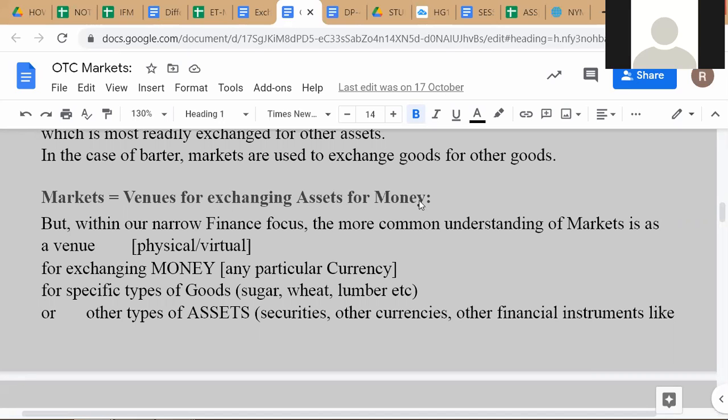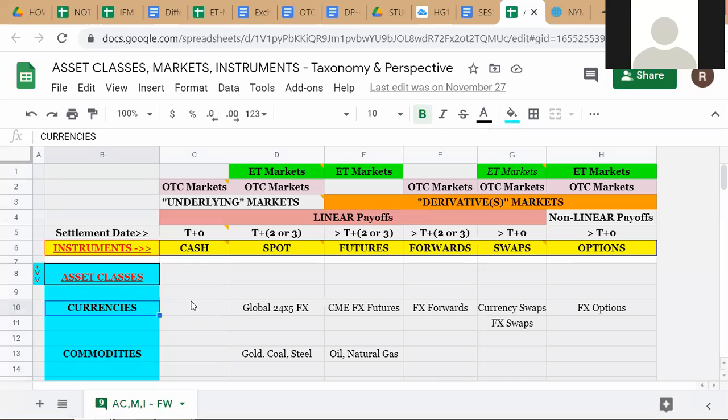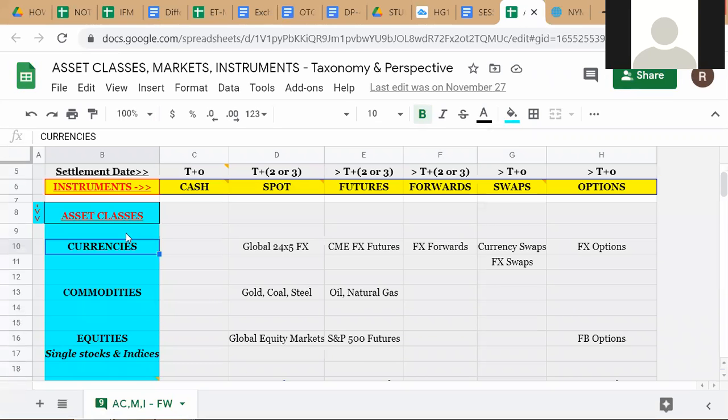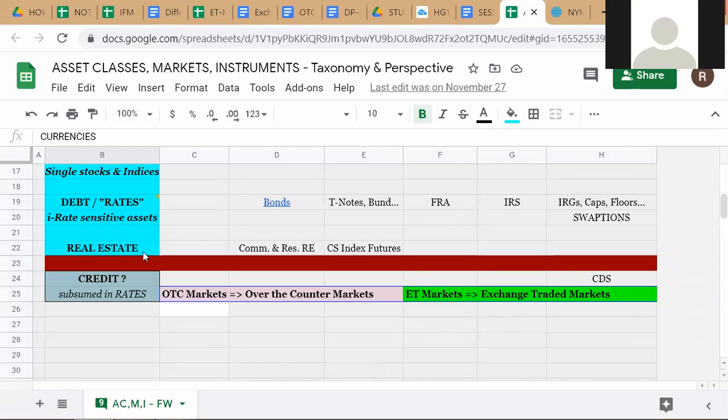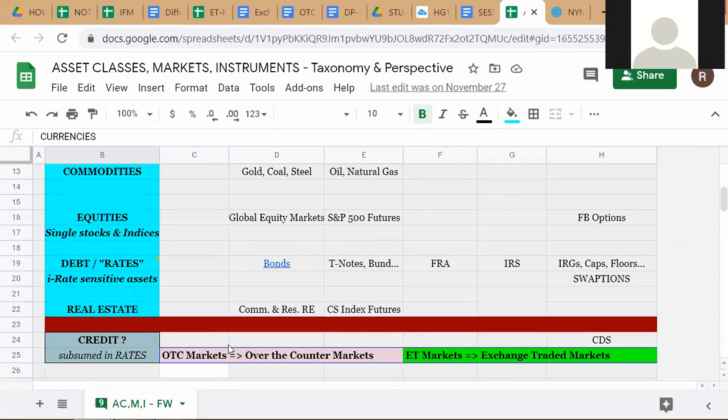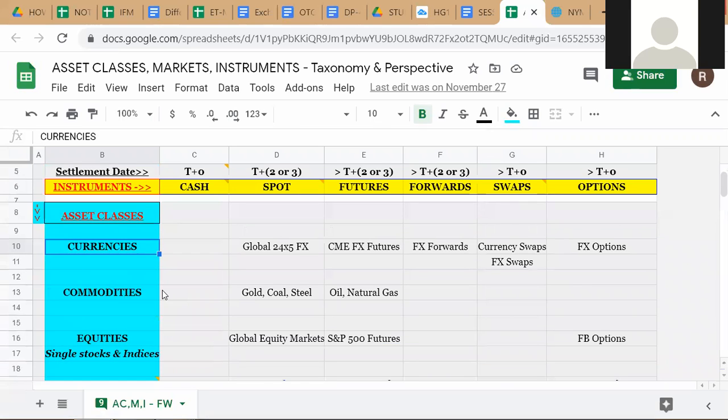If you go back to your asset classes, it could be any of them: currencies, commodities, equities, debt, real estate. It could also include what we call minor asset classes, like collectibles. You could even be trading in Rolex watches. There are some people who trade in Rolex watches, or Harley Davidson motorcycles, or Ferraris, luxury cars.